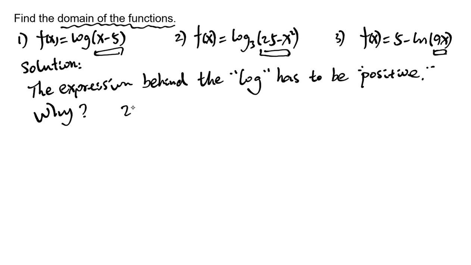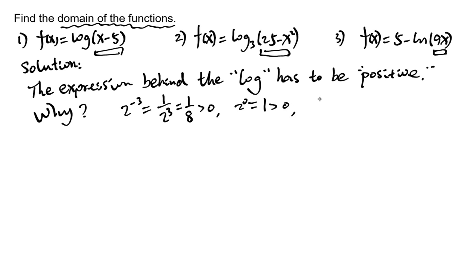We have 2 to the negative 3, which is 1 over 2 cubed, is 1/8, which is greater than 0. And then we have 2 to the 0, which is 1, which is still greater than 0.